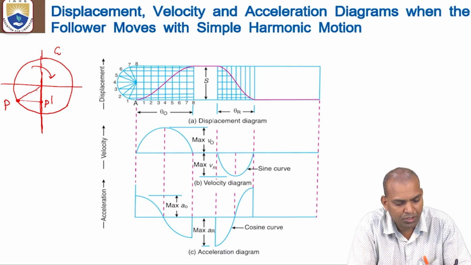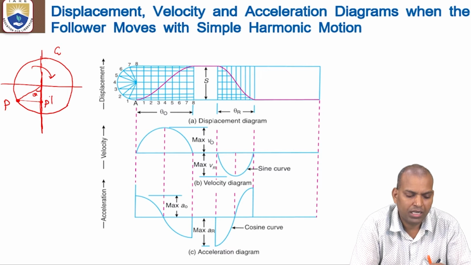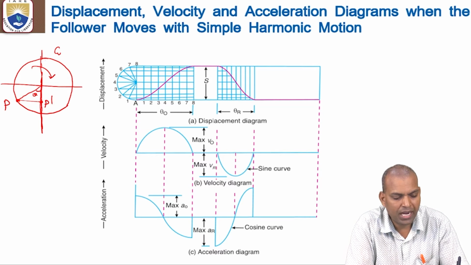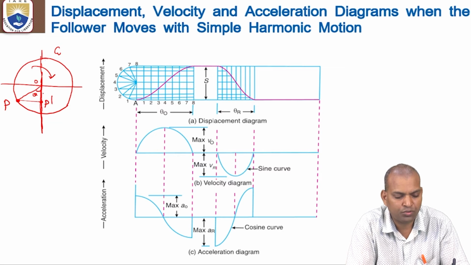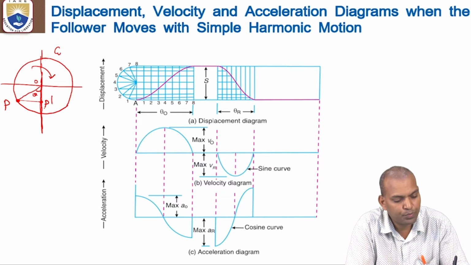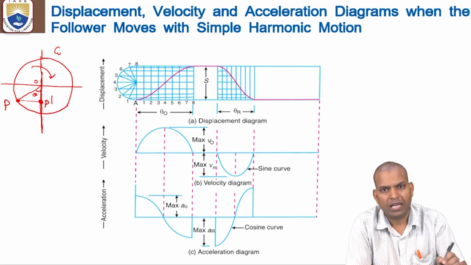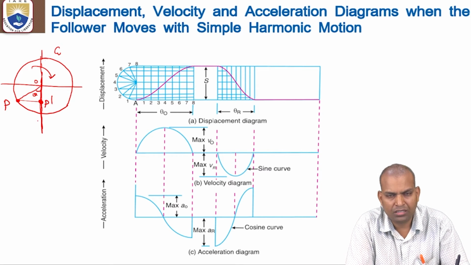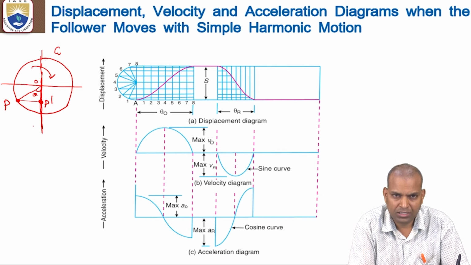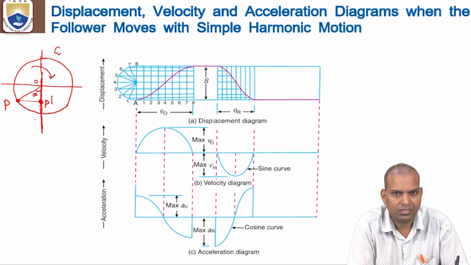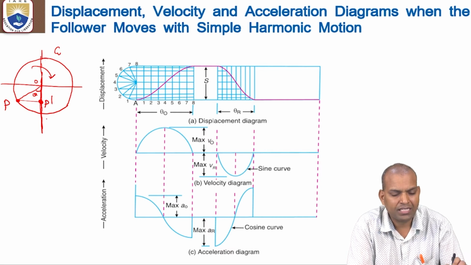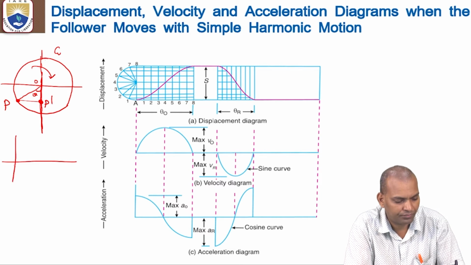With an angular displacement theta, the projection will fall at OP cos theta, that is OP dash equal to OP cos theta. This P dash moves in the vertical direction, and having that motion is called simple harmonic motion. If we draw the displacement graph with respect to time, that is x versus time, it gives a sinusoidal curve.